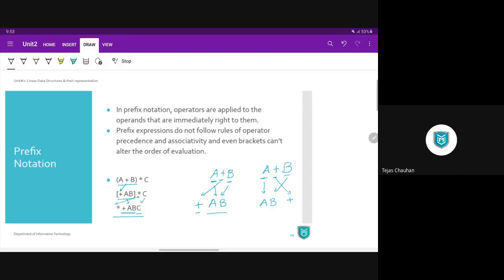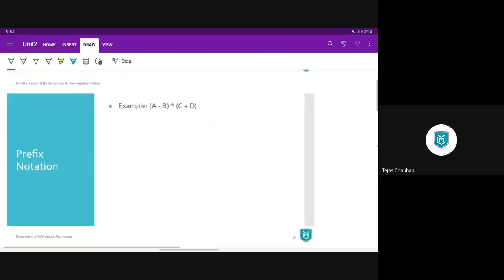Now when we have these operators, either prefix or postfix, then in whatever sequence the operators are coming, it already handles the precedences, right? So let's have a look at the example, and then it will be more clear. So let's go through this example. We want to convert this given infix expression to prefix.